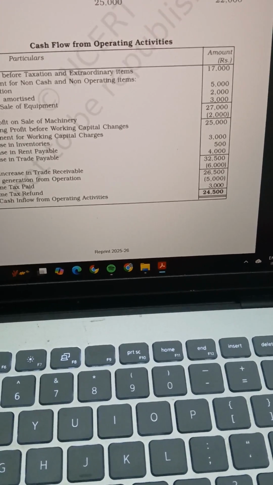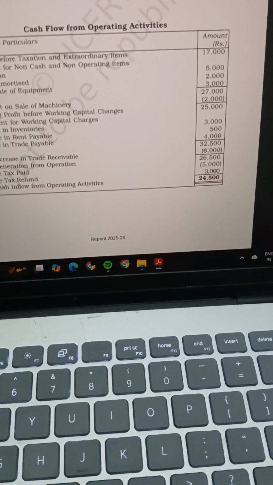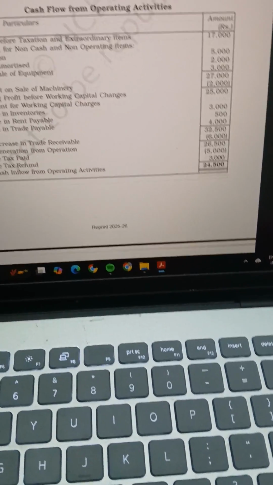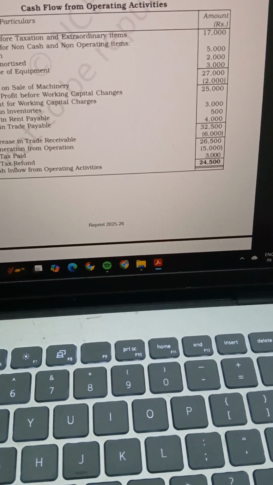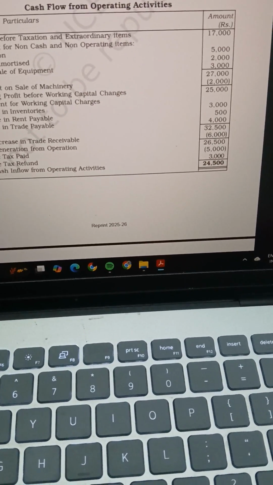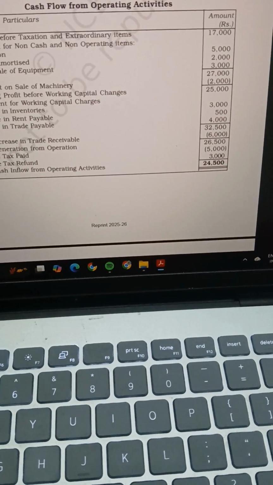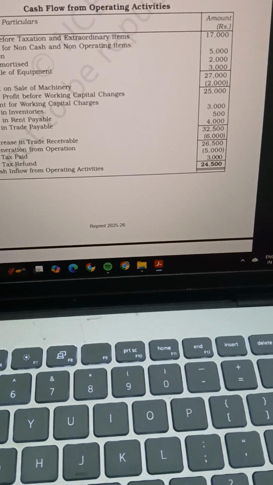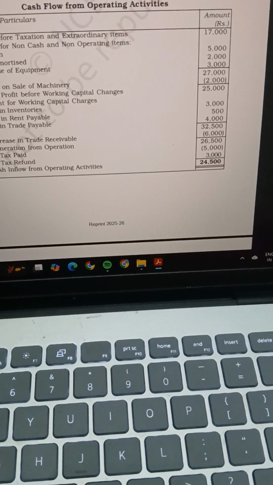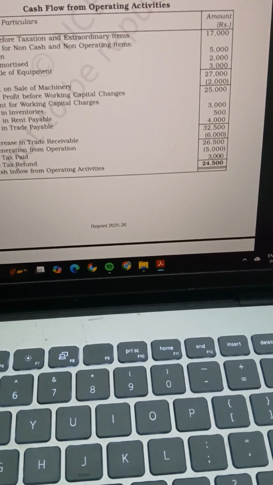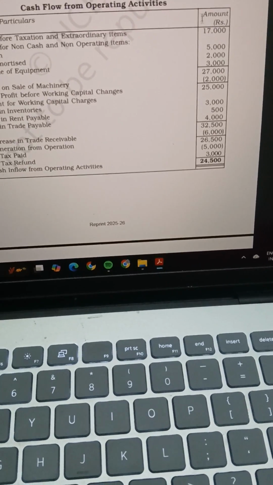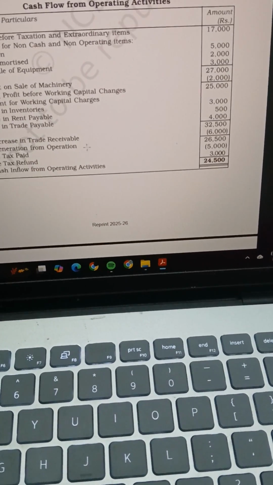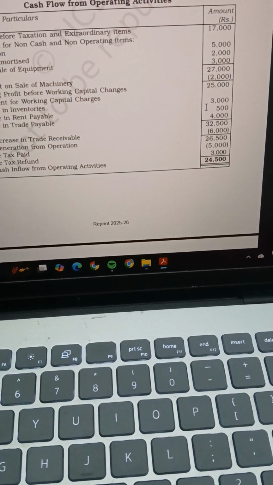Then we have to make some adjustments for the working capital changes. That is, we have to add certain items. The first item is decrease in inventories. Previous year it is 25,000. This year it is 22,000. So there is a decrease of inventory amounting to 3,000.